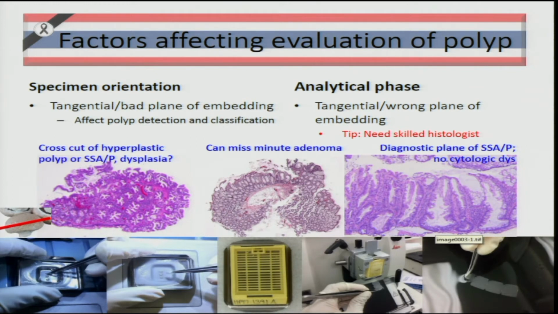But I need to see the crypt base to distinguish between the SSP and hyperplastic polyp. And in bad plane of embedding, you can miss a minute adenoma, and the pathology report would come out like normal colonic mucosa, and you get upset because you see polyp under endoscopy.